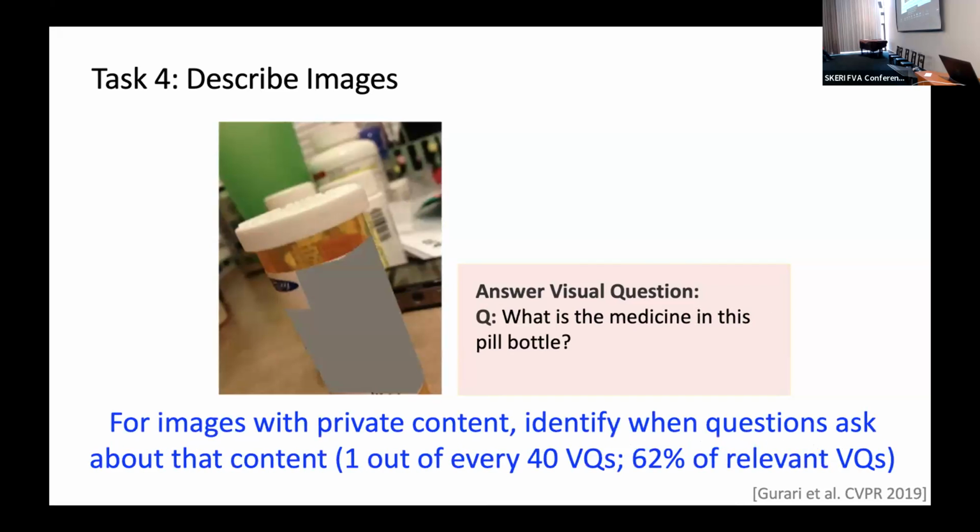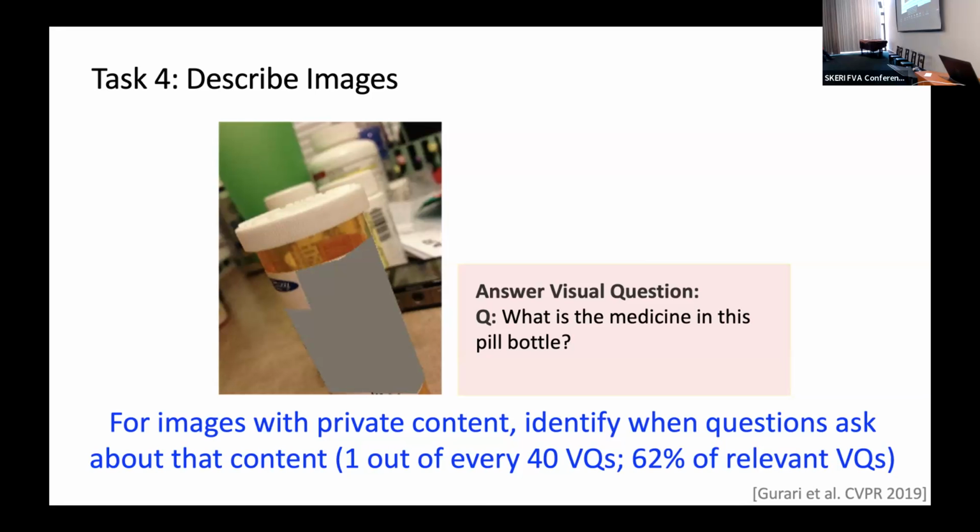As I mentioned, there's a lot of private data in this data set. This was in part because people found that that was the best avenue they had many times to learn about that private content itself. We found that 1 out of every 40 submitted visual questions had private content in the image.